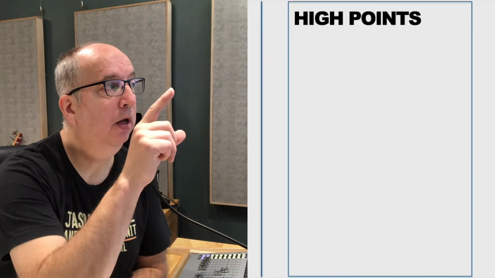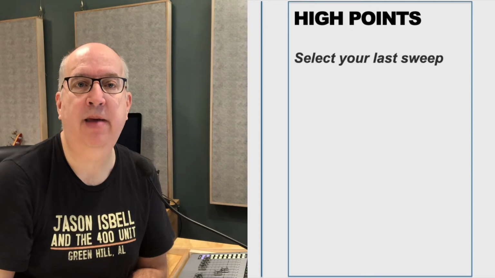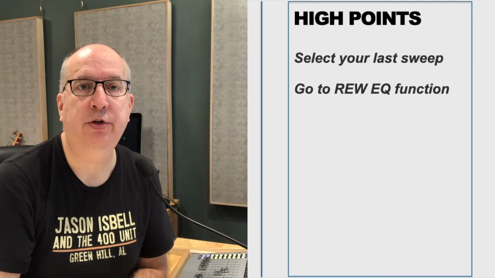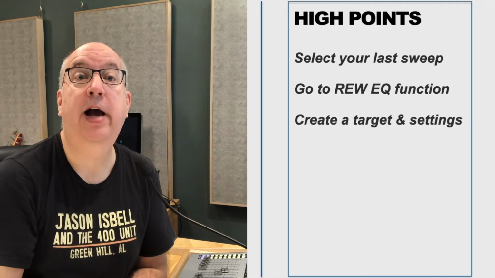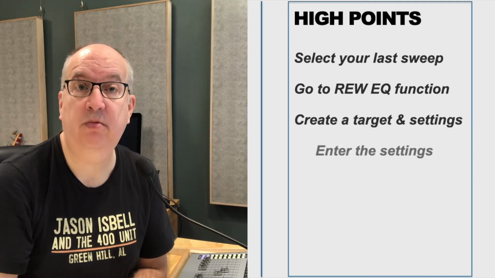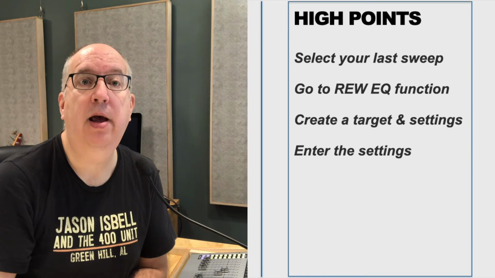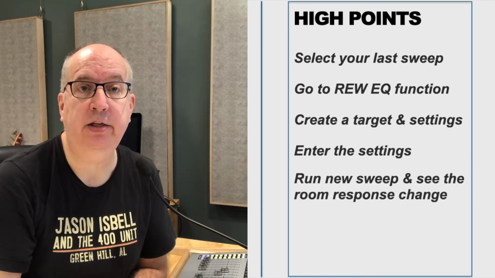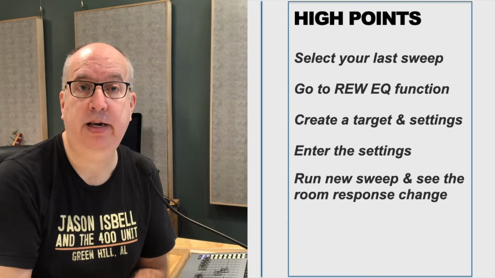So that was a lot of information. Let me just make sure I hit the high points. Taking the last sweep I made of the room, I can go over to the EQ section of REW, identify a target that I want to EQ to, have REW generate suggested EQ settings for that target.